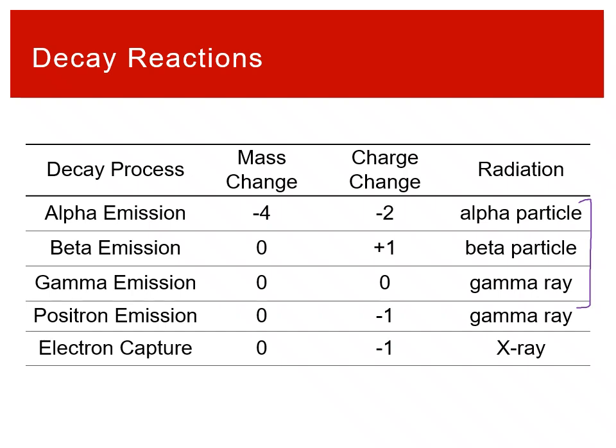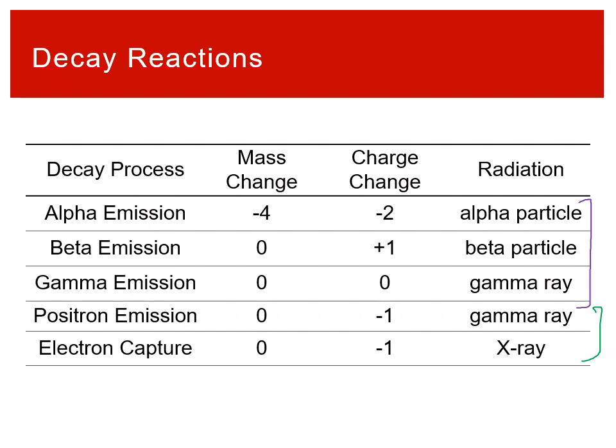Positron emission and electron capture happen just as much, but they are harder to figure out because the actual particles involved don't make it out of the nucleus. The positron can't escape because it annihilates, and in electron capture, it's on the reactant side, so there's nothing even to escape.